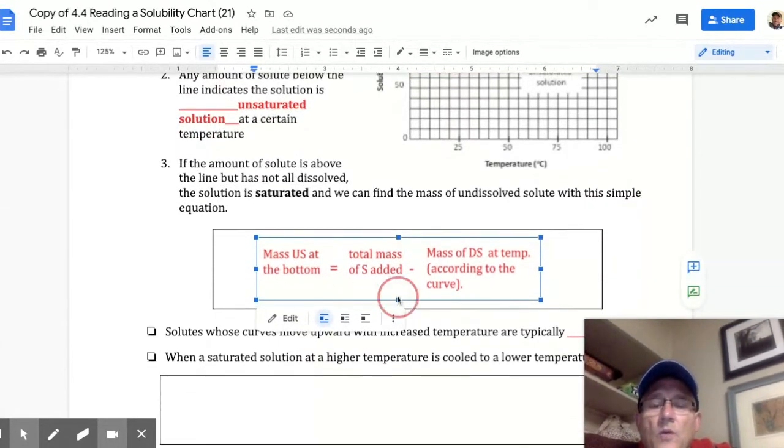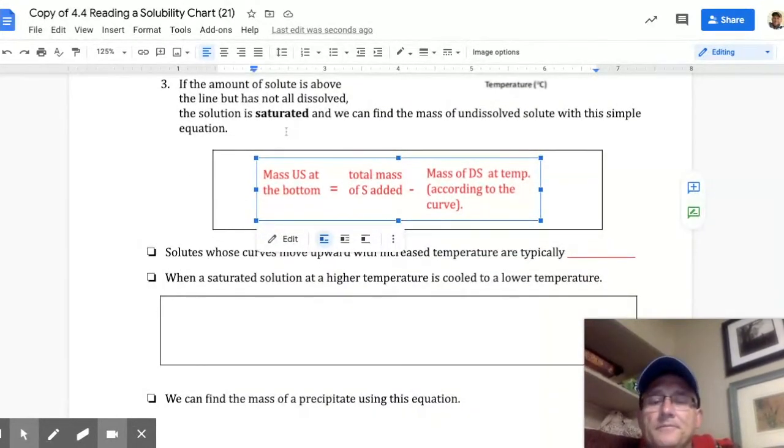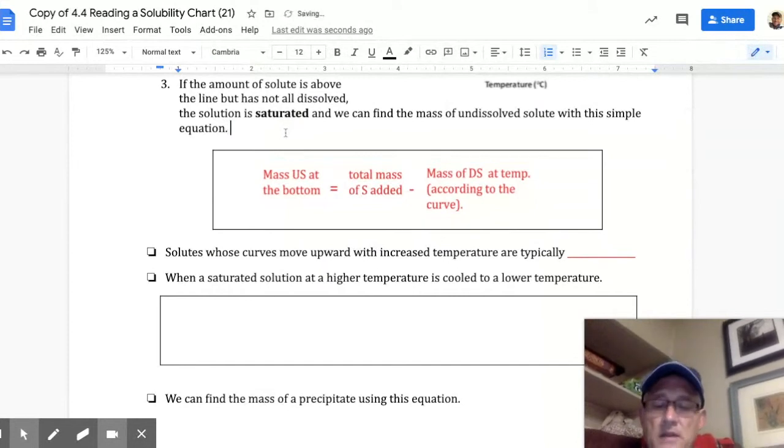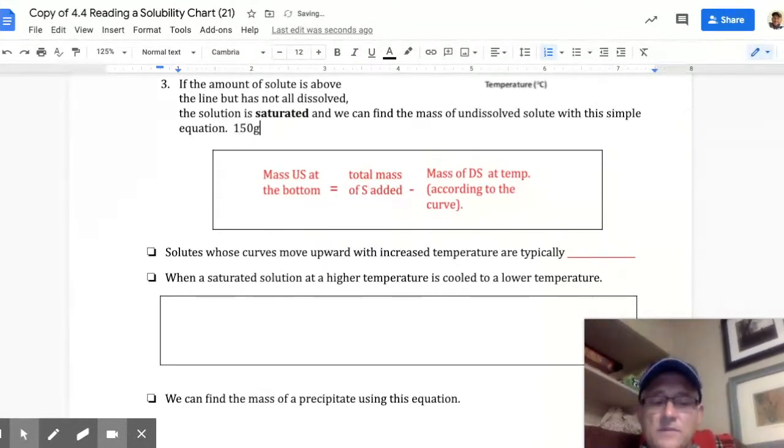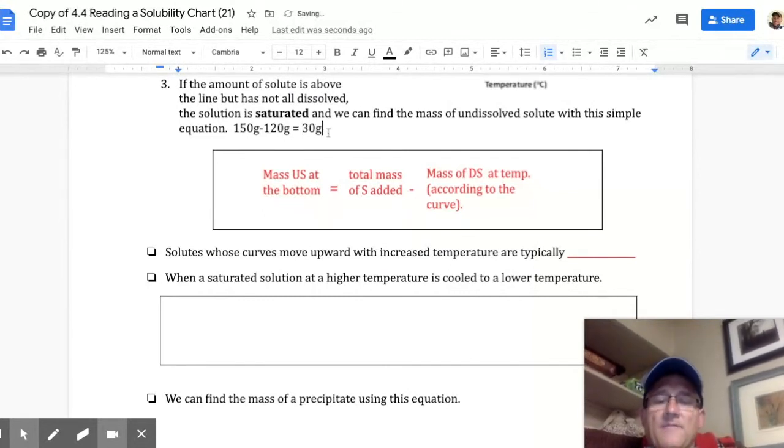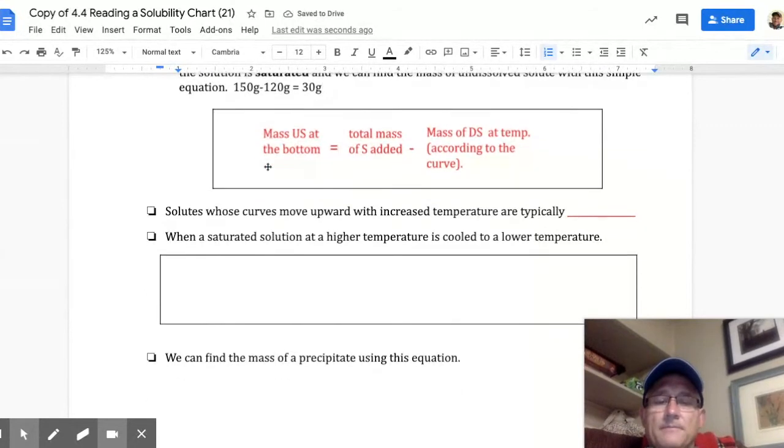So what we would do then is take 150 grams minus 120 grams, and that would give us 30 grams of mass that's undissolved at the bottom.